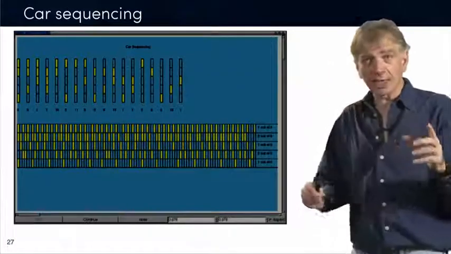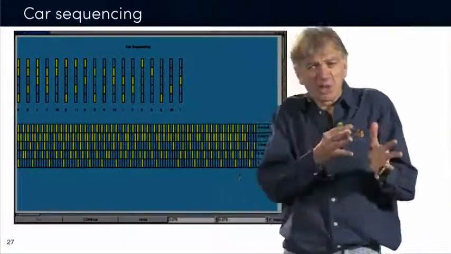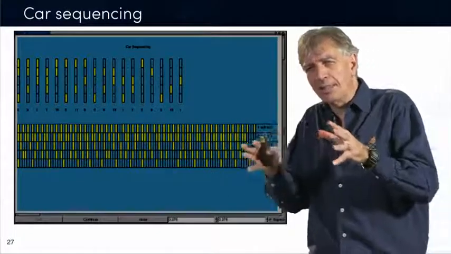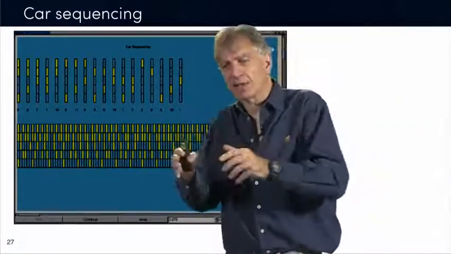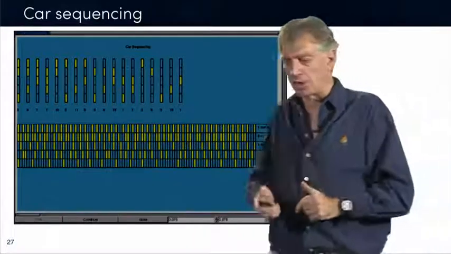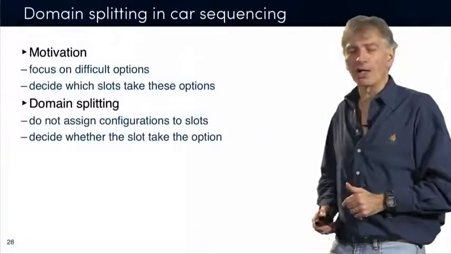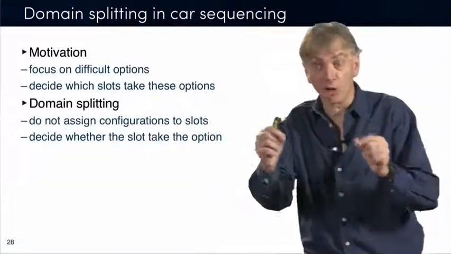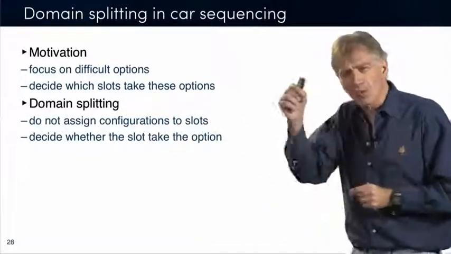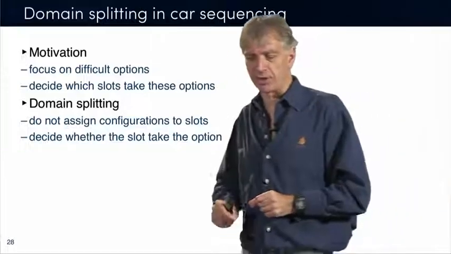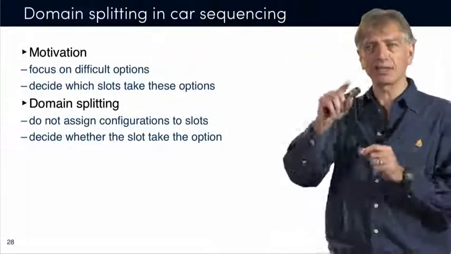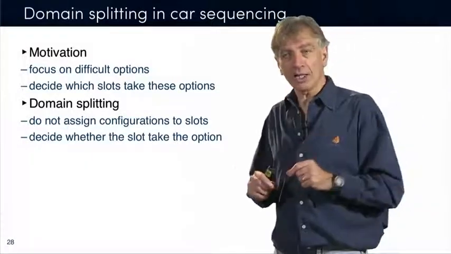But once again, you don't really care about the various types of cars. What you really care about is, do I place a car in this particular slot requiring that option or not? So what you want is not reasoning about the different types of car. You want to reason about the various options, and you want to focus first on the options that are very difficult. And then you decide if you place a car requesting that option in that particular slot.